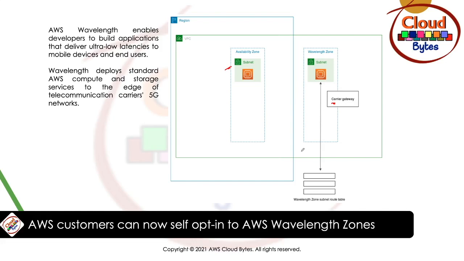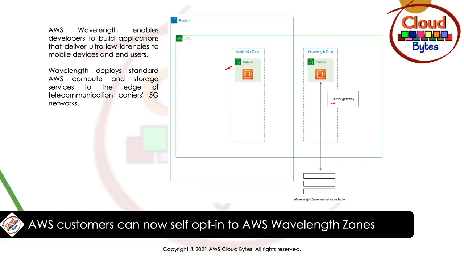So the concept of Wavelength: what is Wavelength? It's a new type of AWS infrastructure designed to run workloads that require ultra low latency for mobile networks. What is a Wavelength Zone? A Wavelength Zone is a carrier location where the Wavelength infrastructure is deployed.